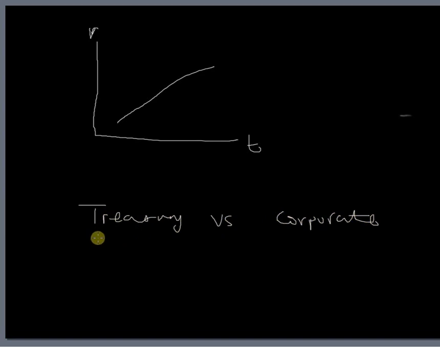So let's take the USA for example. The US government will issue bonds denominated in US dollars. Of course the US government can issue bonds denominated in other currencies, in euros for example, or pounds, but let's not talk about that, because those carry other forms of risk. Let's focus our attention on governments issuing in their own currencies. So we call these the treasury bonds.